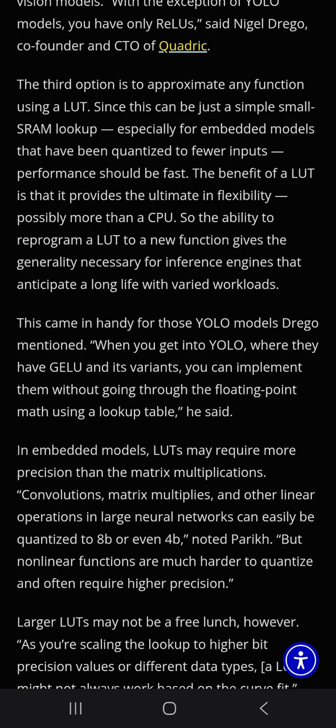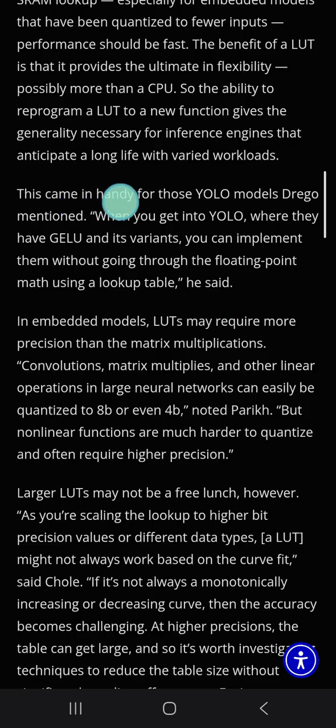The ability to reprogram a LUT for a new function gives the generality necessary for inference engines that anticipate a long life with a variety of workloads.